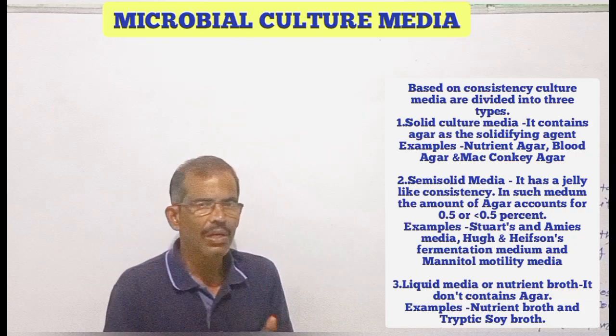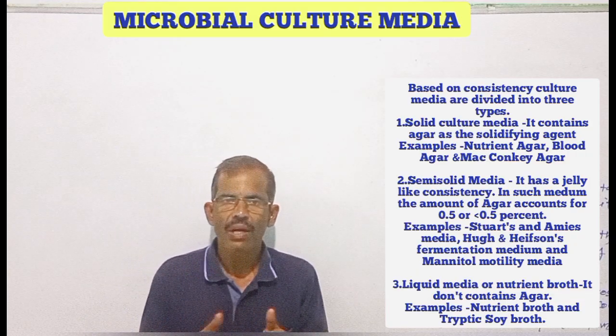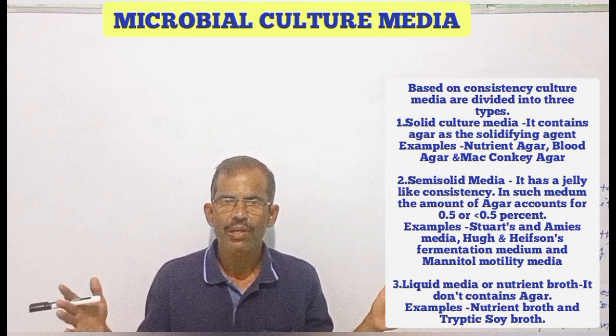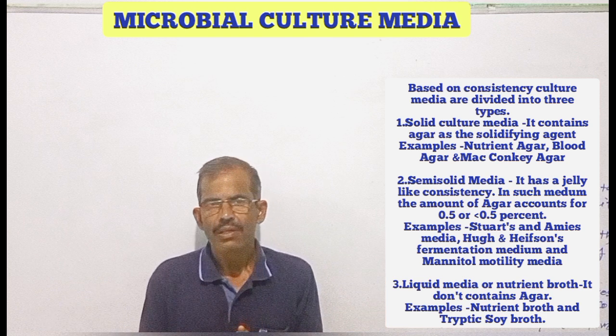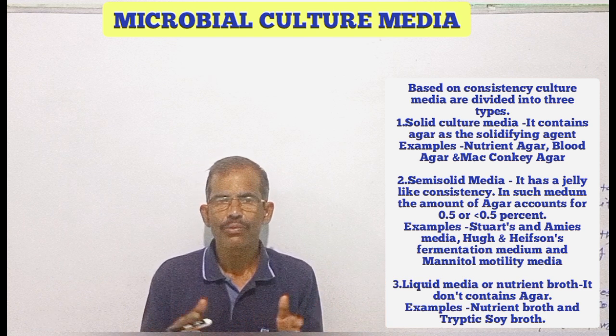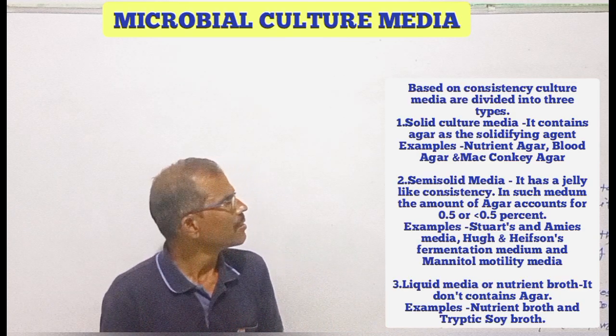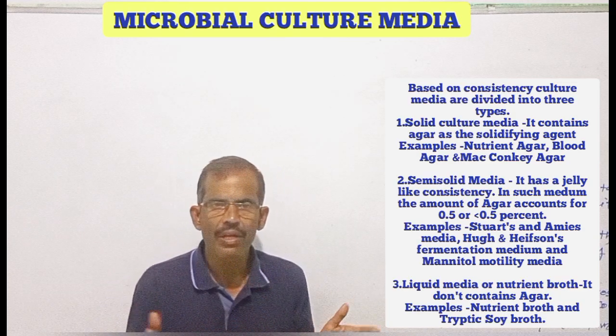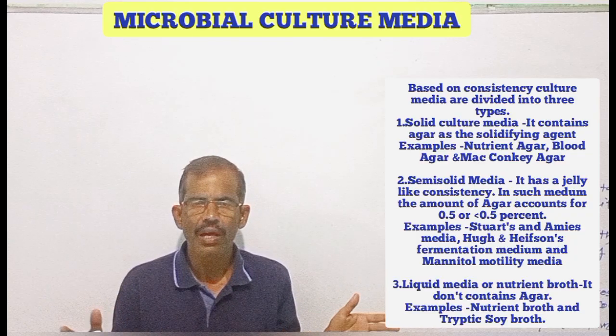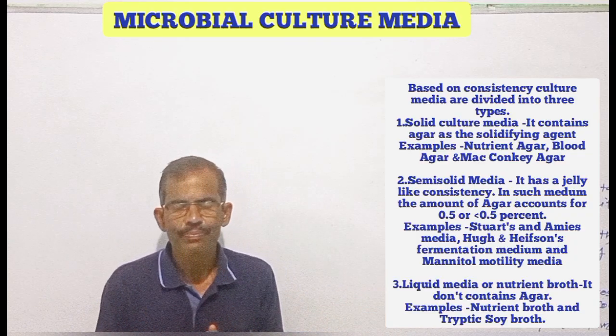Number one, solid media, which contains agar as the solidifying agent. In such a medium, the amount of agar accounts for 1.5 to 2%. Examples are nutrient agar, blood agar, and MacConkey agar.